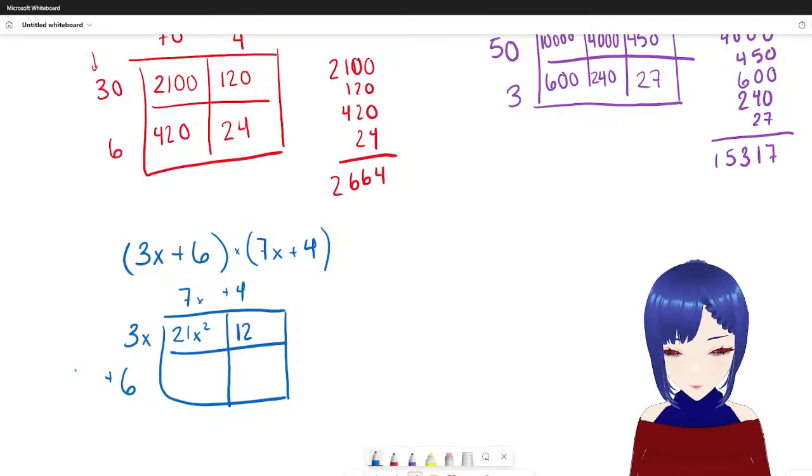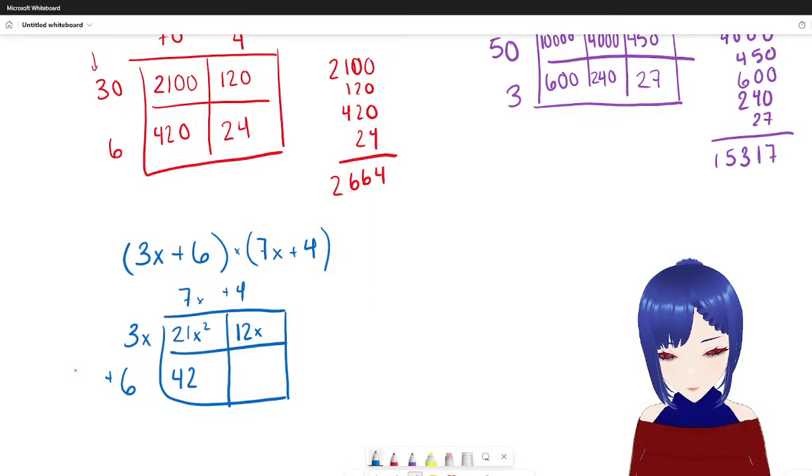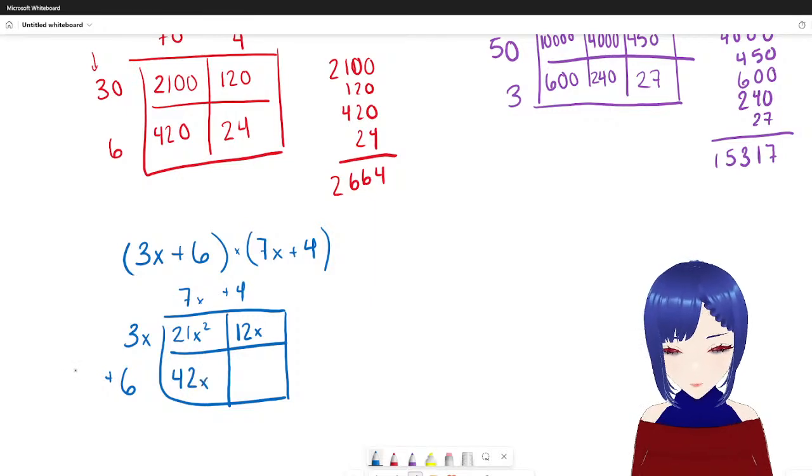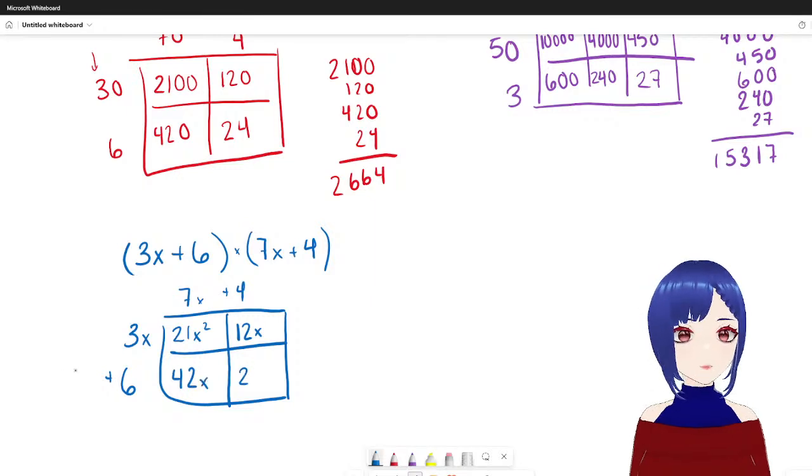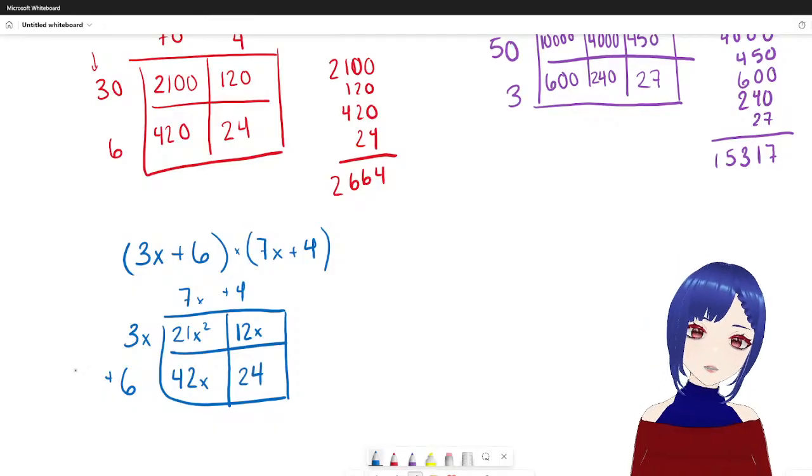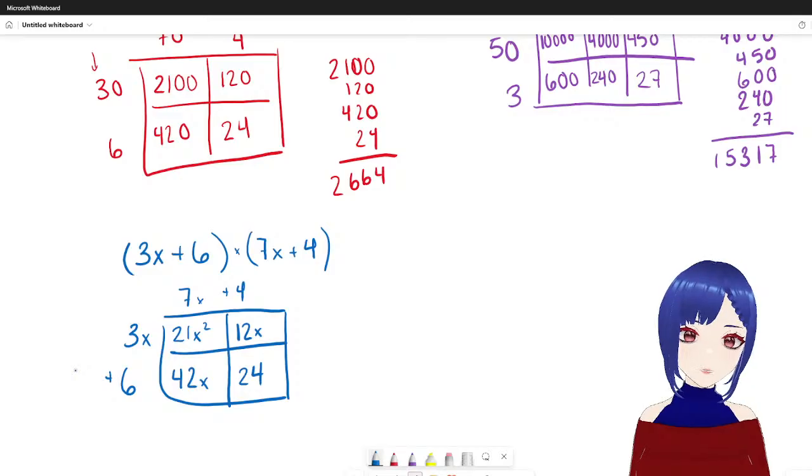And with this one, there's only one x, so it comes along to the left. 6 times 7 is 42, and then there's one x. And then 6 times 4 is 24. You'll notice a lot of the numbers are similar to what we had before, but with this one, instead, we have a bunch of different variables.